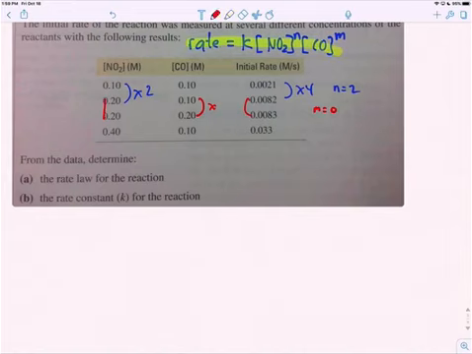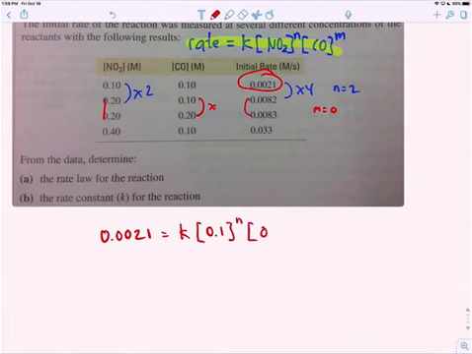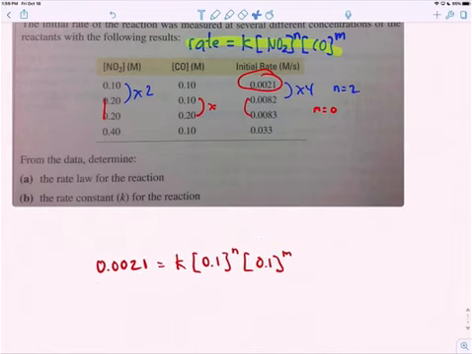So I'm reading the rate here: rate is 0.0021 equals my rate constant times the concentration of NO, 0.1, to the n, carbon monoxide, 0.1, to the m. Now actually it makes sense to put this on the bottom. I'm going to move this one down.